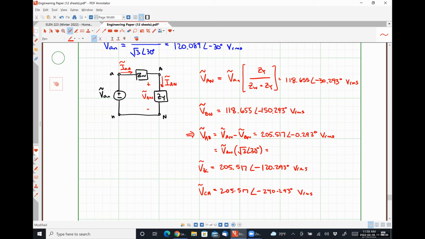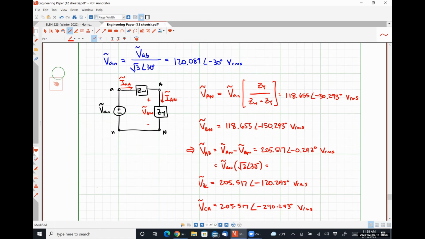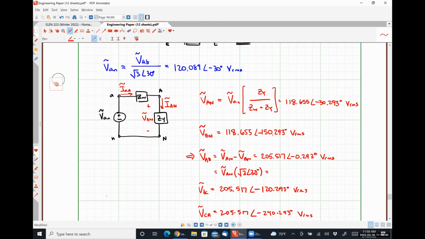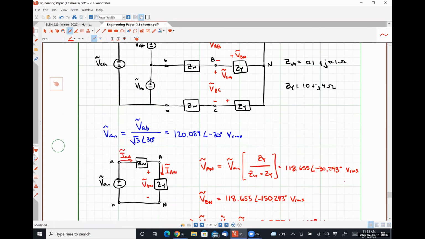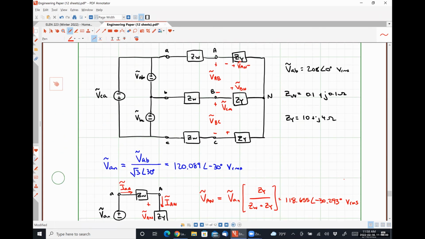All right, how did you guys feel about this? Anything wildly difficult here? Not particularly. I hope not anyway. What if I'd asked you for a different quantity? Okay, so let's talk about some of the different things that I could have asked you for in this circuit, right? I could have asked you for the line currents.